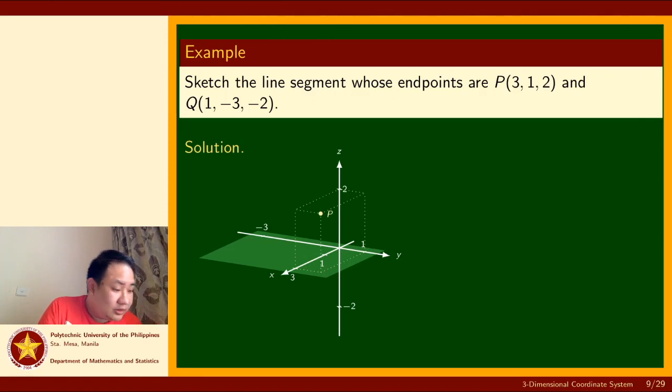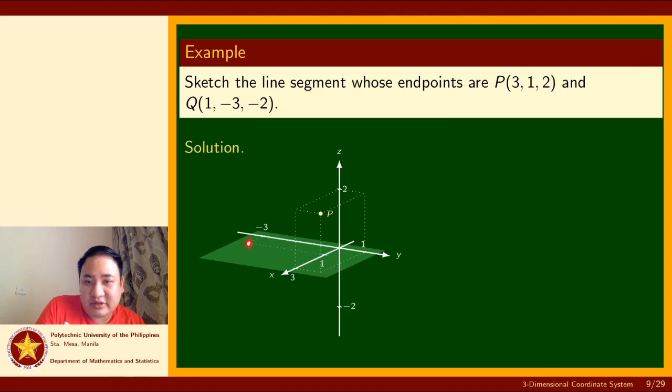Now, to sketch the point Q, we do the same. First, in the xy plane, we locate the point 1, negative 3. It can be represented by drawing this rectangle. At this moment, this is the point 1, negative 3, 0.